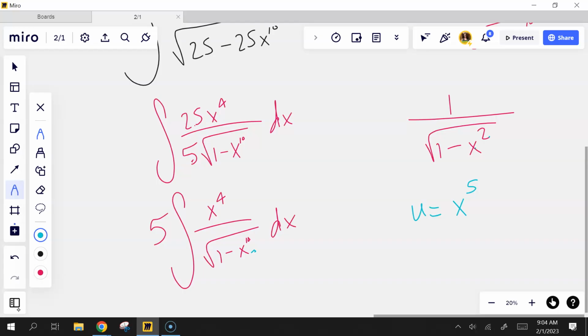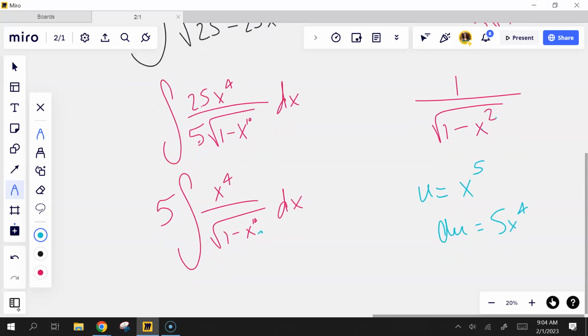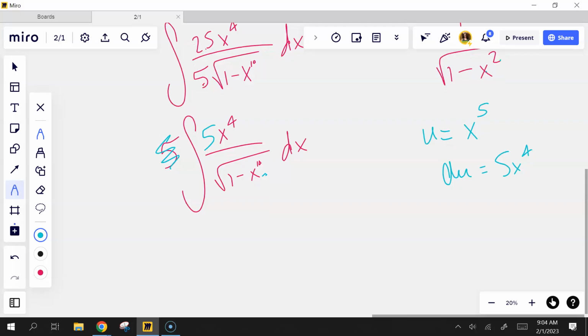Do you see that? So du would be 5x to the 4th, which if I hadn't taken that stinking 5 out, I would have. There's du. So I have 1 over the square root of 1 minus u squared du.